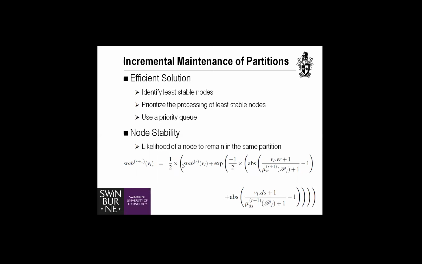Where we first identify the least stable nodes. By least stable, we mean the nodes which are highly likely to move into other partitions in the next time point. So we prioritize the processing of least stable nodes first, and only then do we move on to the more stable nodes.